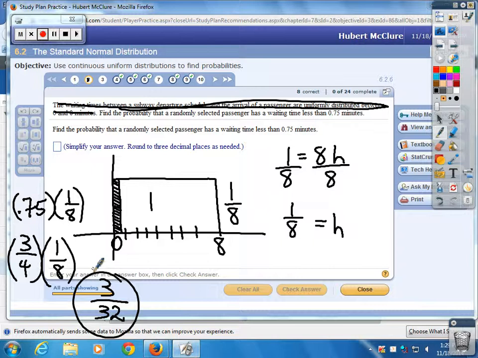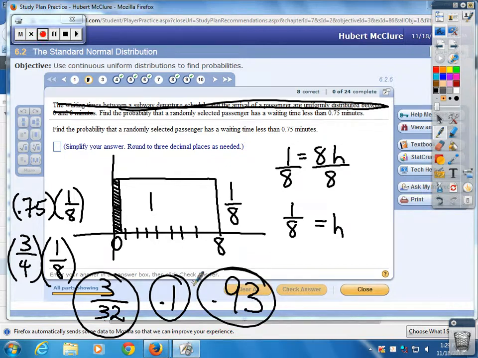3 over 33 is what? 1 over 11, and 1 over 10 is what? It's a miracle. I'll still say it's 0.1, but you say it's 0.09375 something?